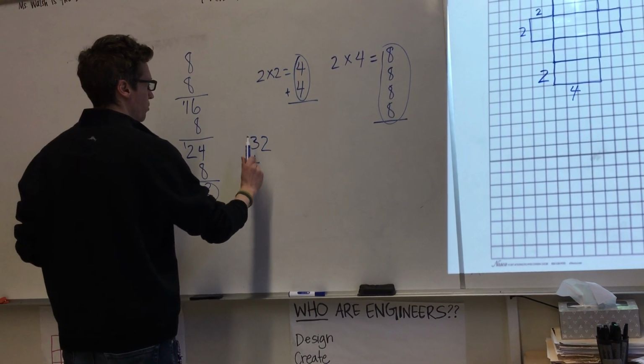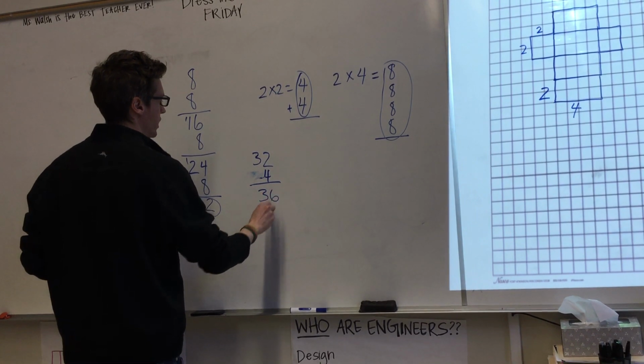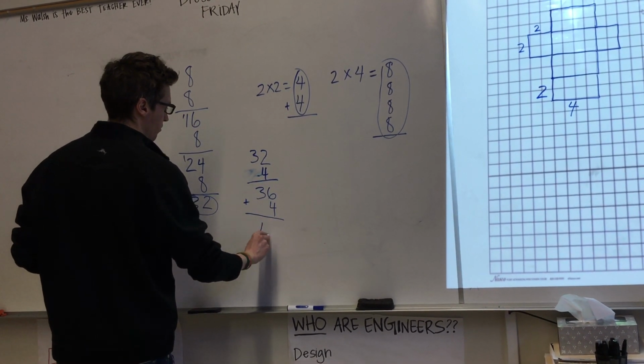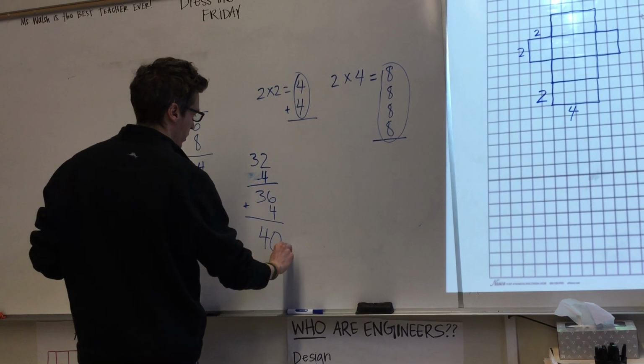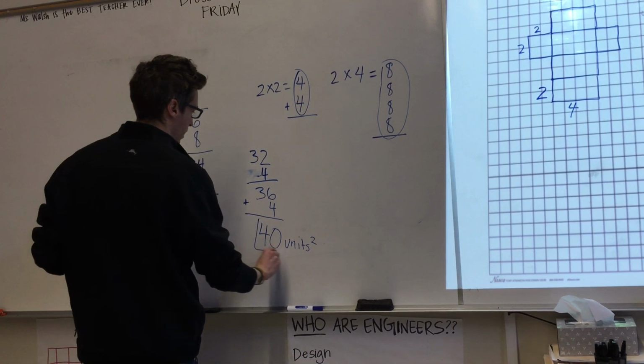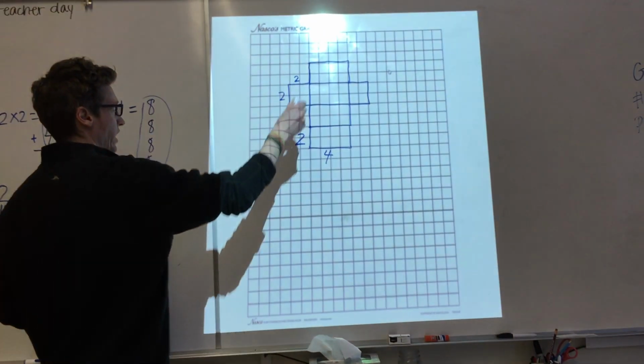So 32 plus 4 is 36, and 36 plus 4 is 40 units squared. That is my surface area for this net.